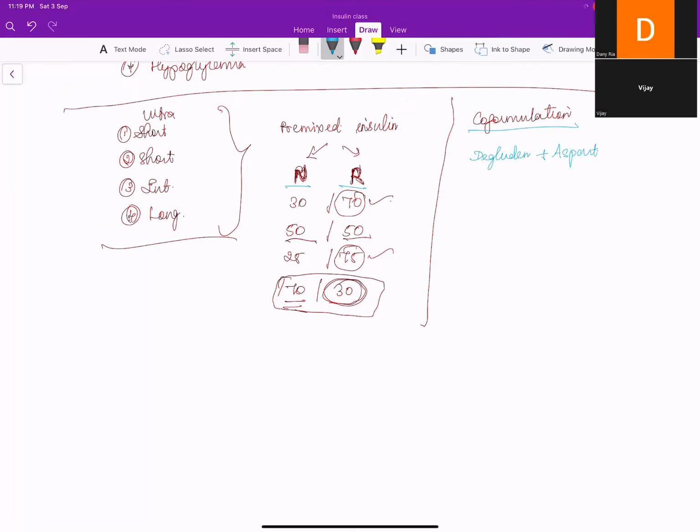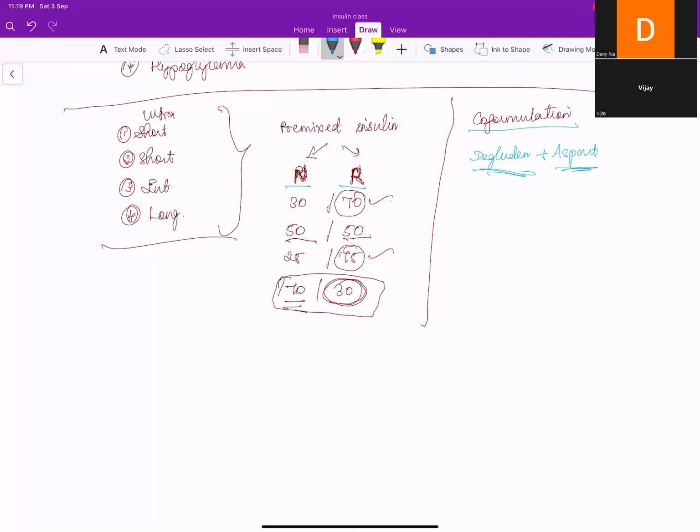Both can never be mixed, because both are heavy substances. They cannot mix, so we cannot call this a premixed insulin. Even if you try to mix these two things, it will never be a mixed solution. It will be separate solutions. They have to be mixed prior to using.